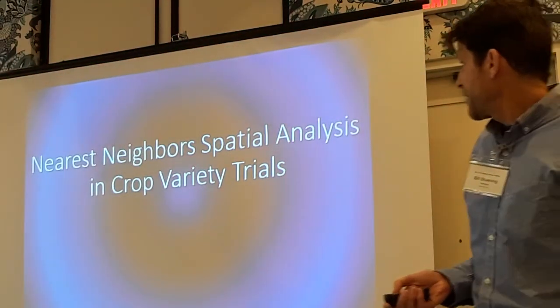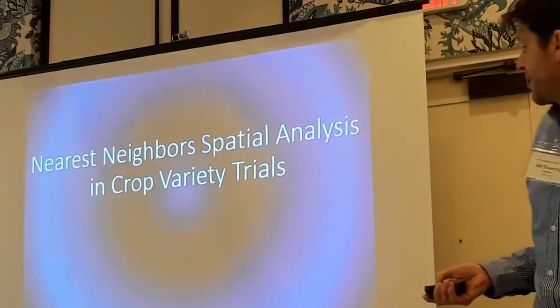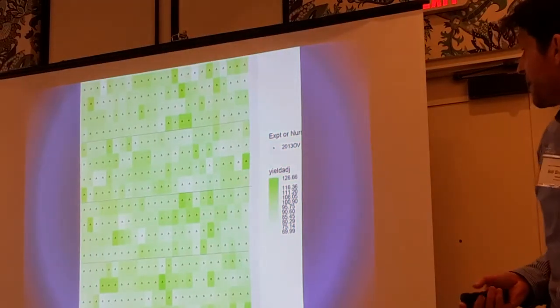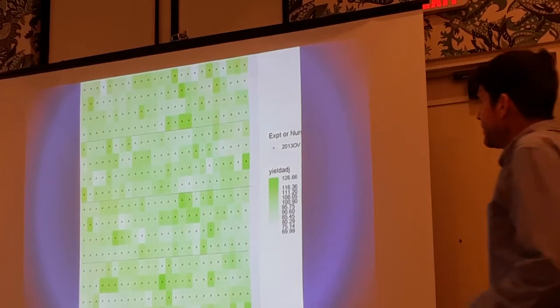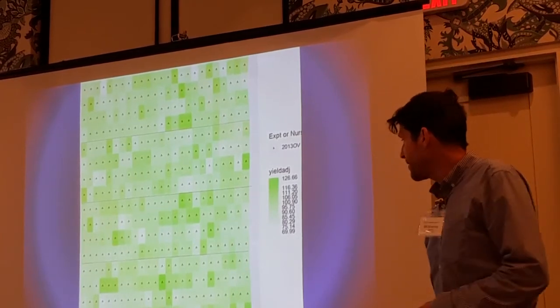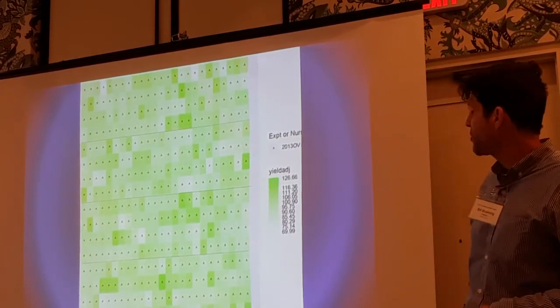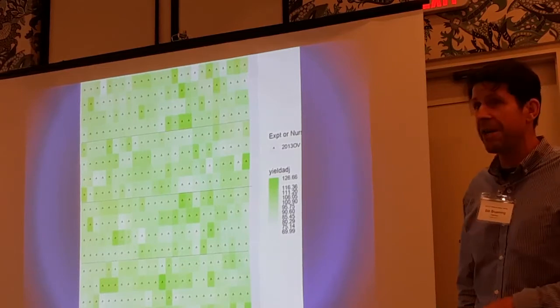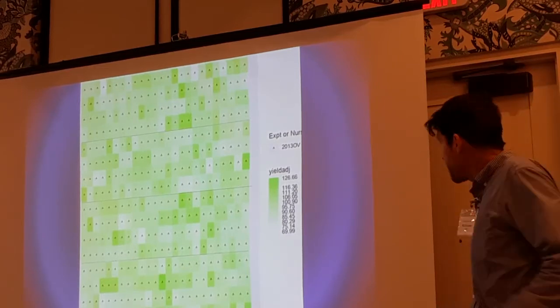I'll talk about this nearest neighbor analysis, which I think is pretty valuable for crop variety trials. This is a heat map for a variety test with 100 wheat entries in four blocks in a randomized complete block design.